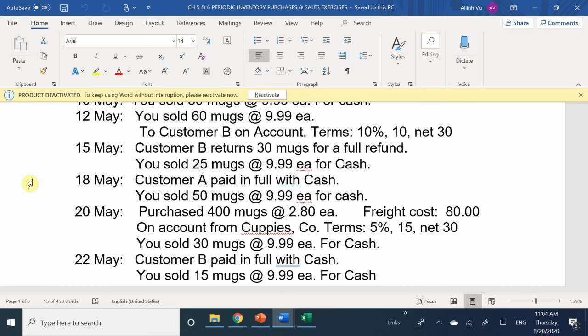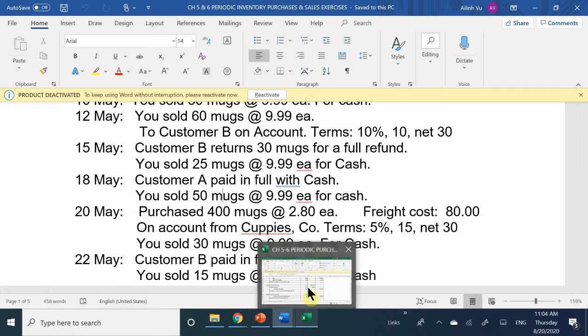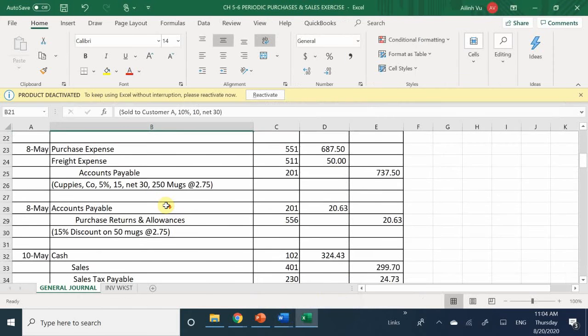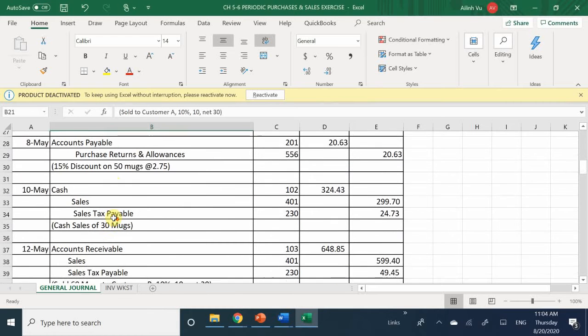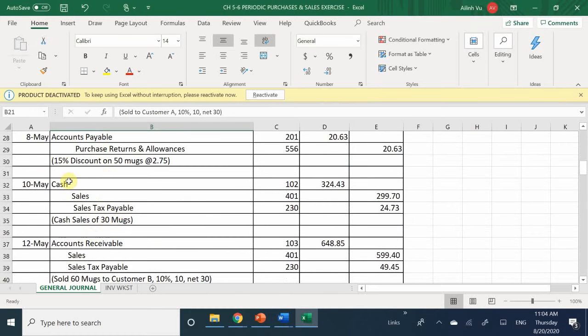I see how you assumed that this was sold to customer A, but this is one transaction and this is a second transaction. So you sold another 50 mugs at $9.99 for cash. What is our journal going to look like?